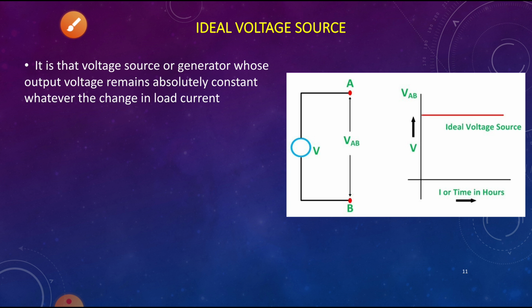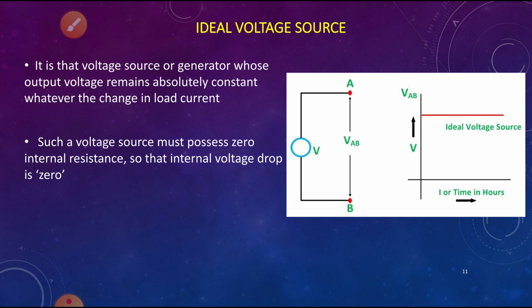So an ideal voltage source or generator is one whose output voltage remains absolutely constant whatever the change in load current. Such a voltage source must possess zero internal resistance, so that the internal voltage drop is zero.